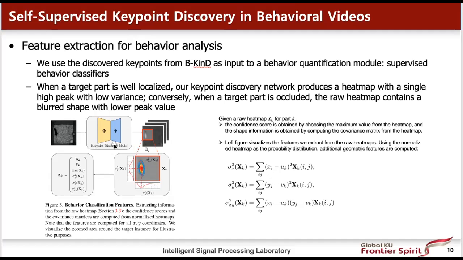So we can get more meaningful information from the heat map by calculating the maximum and the covariance. The figure shows the features for the downstream classification task, the input to the downstream classifier. So that's the overall structure and the learning objective of the proposed method.